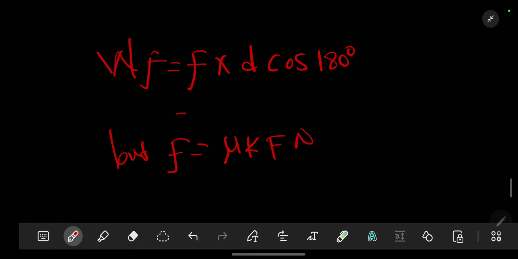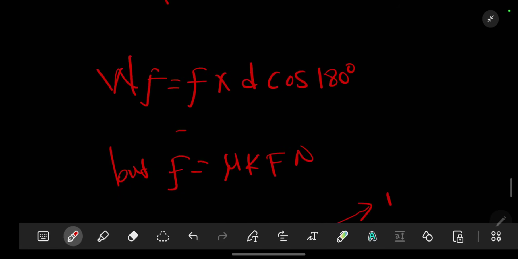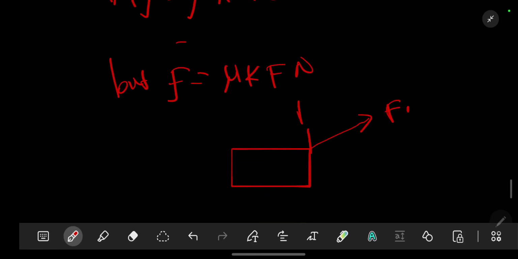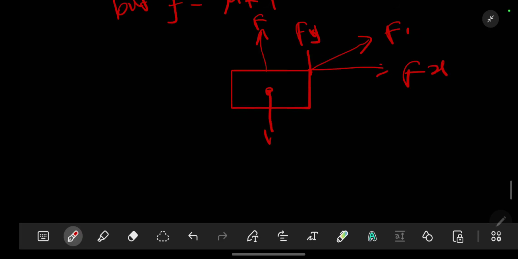Looking at the normal force, we have an angle like that, and we have the force, which is distributed into Fy and Fx. Then the normal force points up, and our gravitational force points downwards, which is mg.